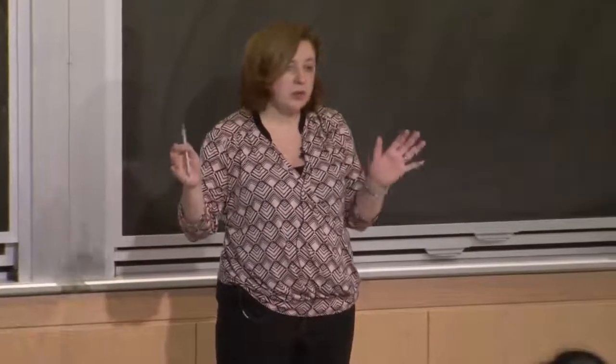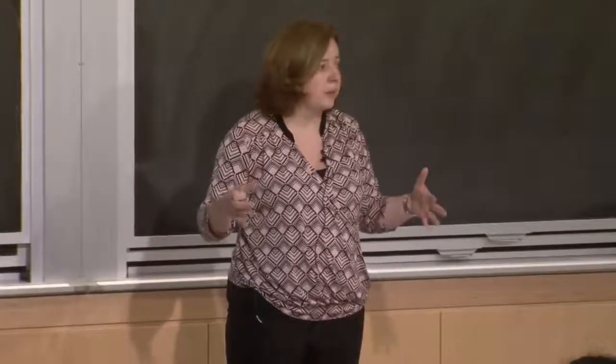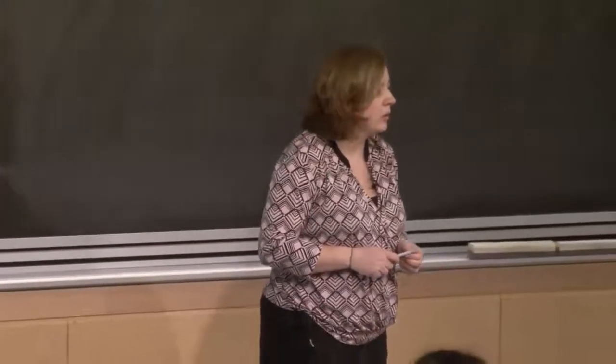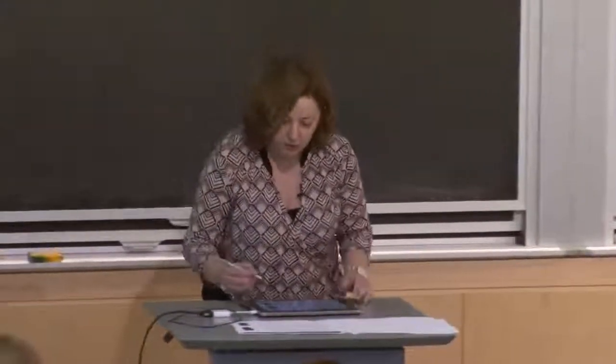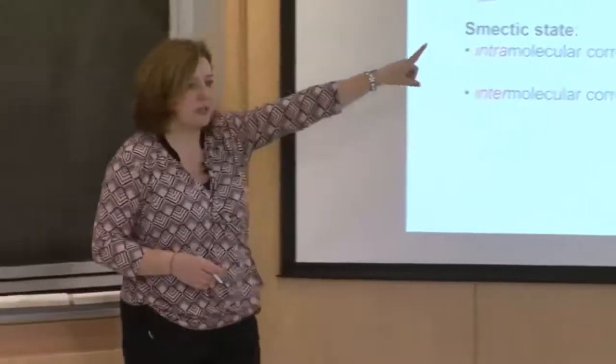Yes? Only the length of one molecule. Exactly. You would roughly be able to predict the position of other atoms within the length of this particular molecule. So this correlation distance would be on the order of L, where L is the length of that molecule. Then I can ask you, what is the intermolecular correlation distance?